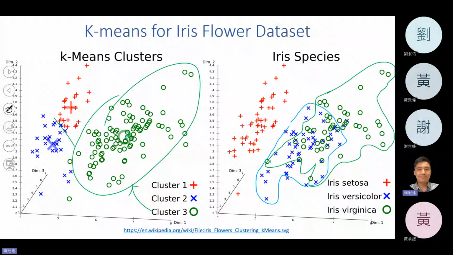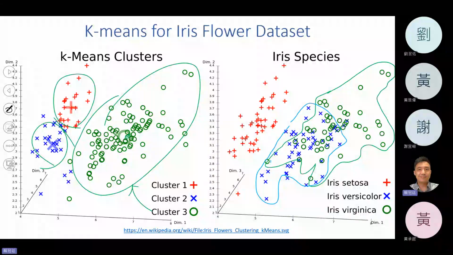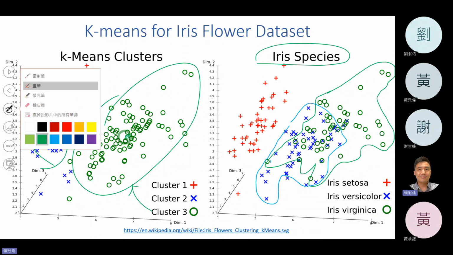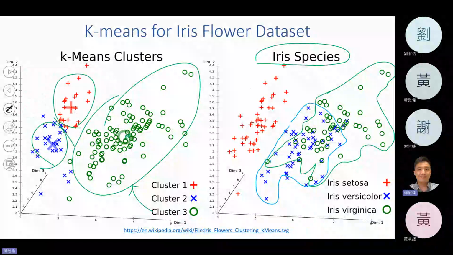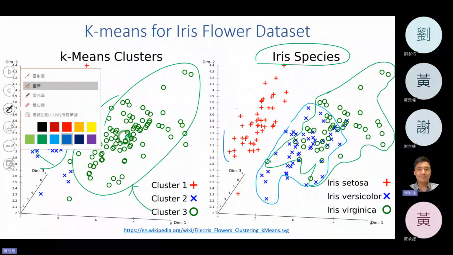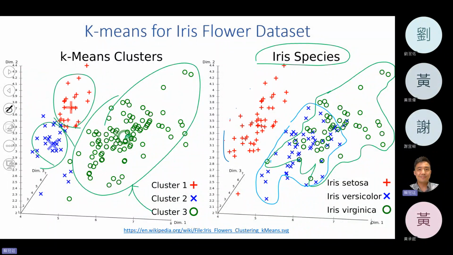Another problem is that k-means splits the cluster here, but in practice we want the answer on the right side. So k-means failed in this case.